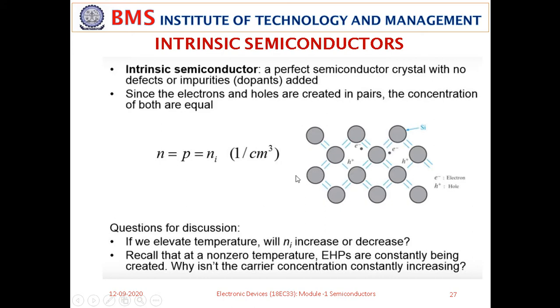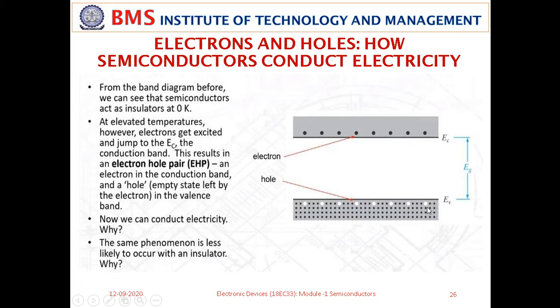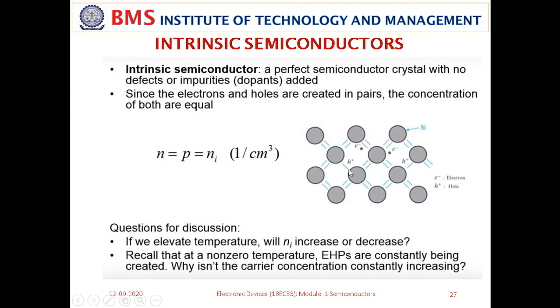Now we will see how exactly the electron hole pairs are created. Previously we showed in terms of the band diagram how electron hole pairs are created. Now it's time to think about how they are created in the lattice. Because of the rise in temperature, suppose an electron which was earlier here becomes free and moves to this place.